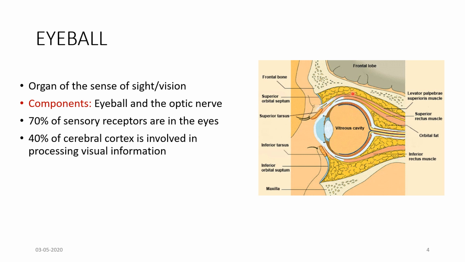So the eyeball is the organ of special sense of sight or vision, and the components are the eyeball and the optic nerve. Nearly 70% of sensory receptors are in the eyes. 40% of the cerebral cortex is involved in processing visual information.